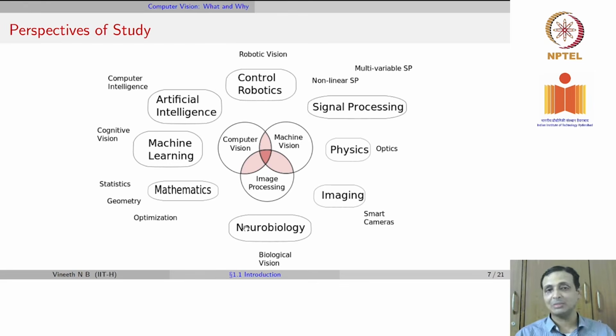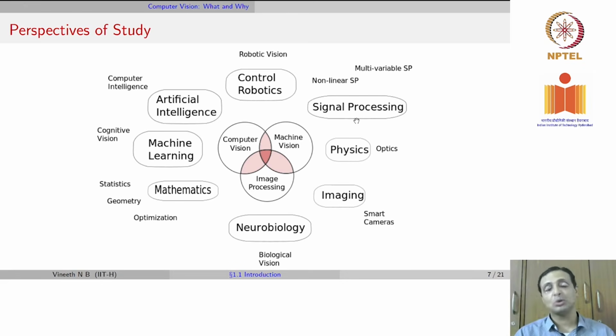Neurobiology, because that's what helps us understand how the human visual system works. Imaging, how do cameras image the scene around us, is important to be able to solve computer vision. The physics or the optics that's involved in lenses and how light falls on a particular object, how an object's appearance changes when the light source changes, when the direction of the light source changes, when the color of the light source changes, or when there are multiple light sources, so on and so forth.